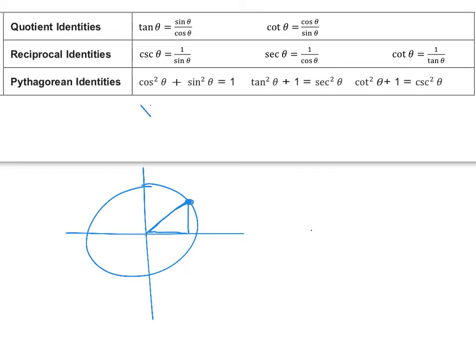So cosine is the x, we square that. Sine is the y, we square that. And the hypotenuse is 1 because the unit circle has a radius of 1, and if you square 1, that equals 1.